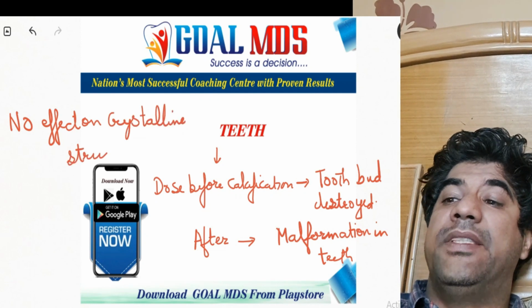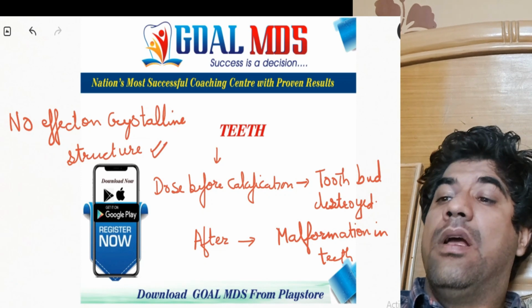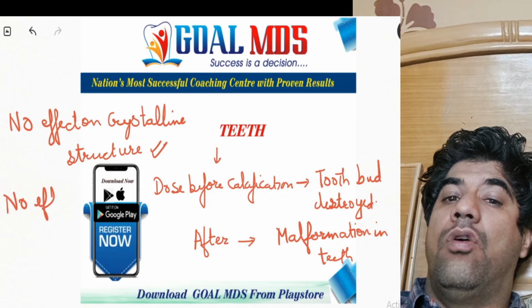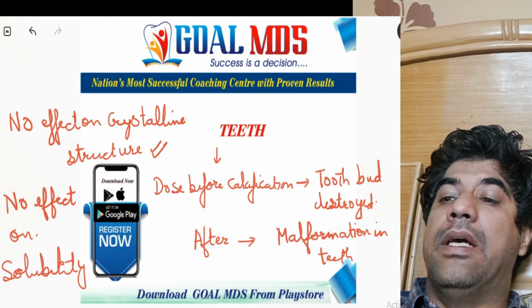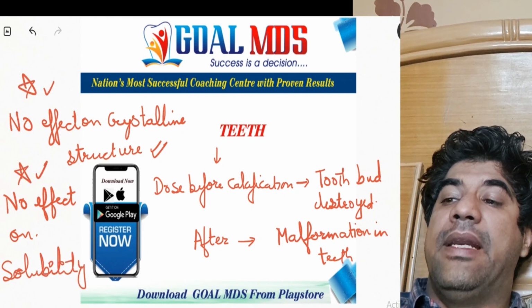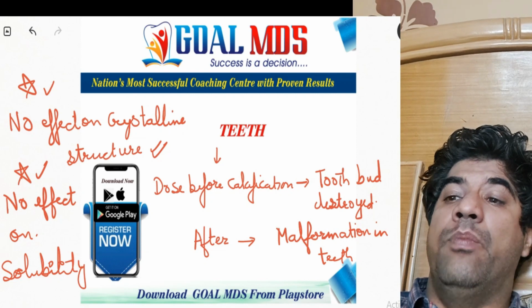So remember, the radiation has no effect on the crystalline structure of the enamel, dentine or the cementum, and radiation does not increase their solubility.